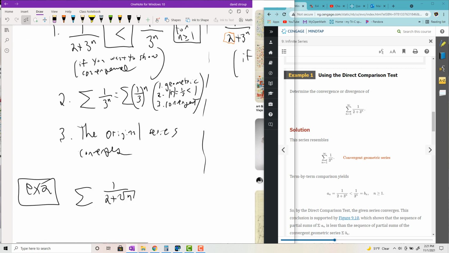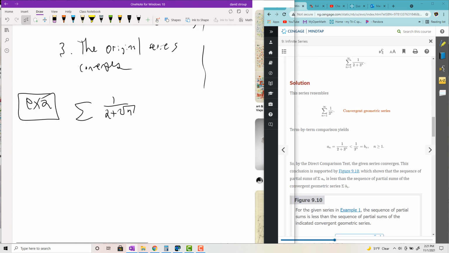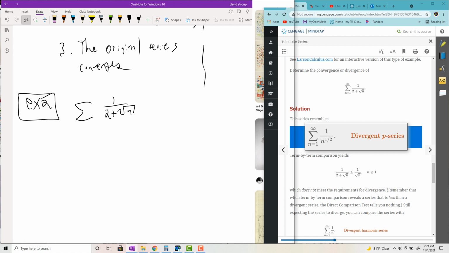Okay, let's go to the second guy then. The series is going from n equals 1 to infinity again. First, we'll make our comparison. 1 all over 2 plus square root of n.